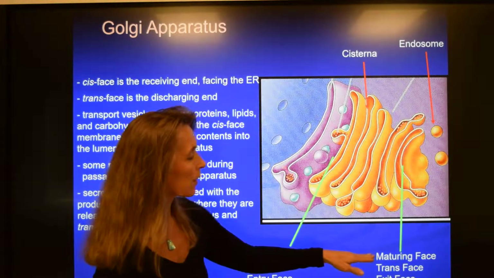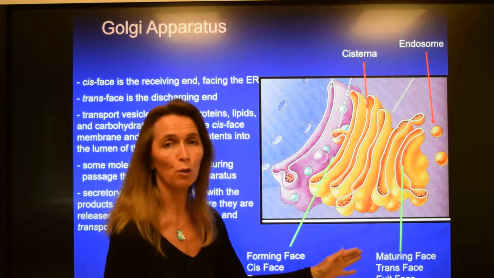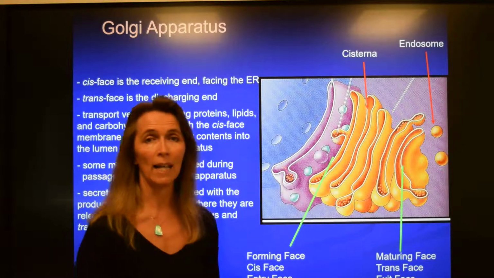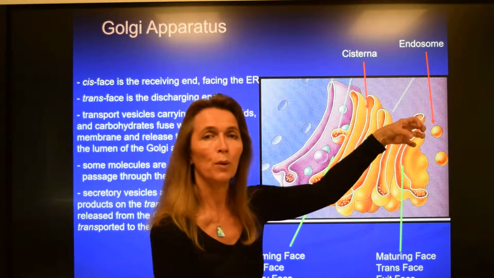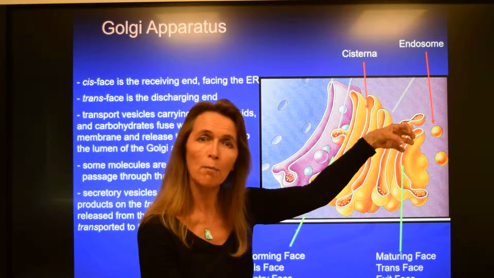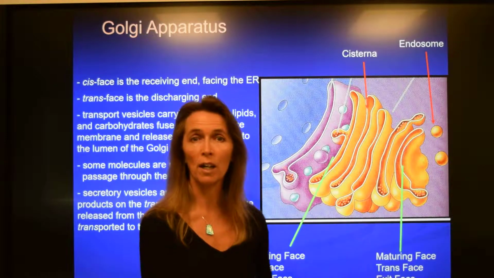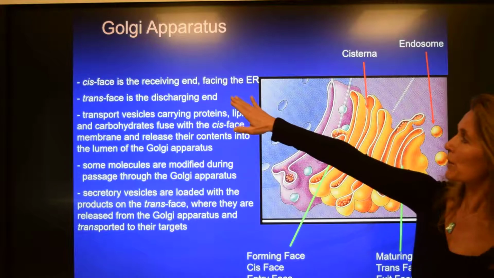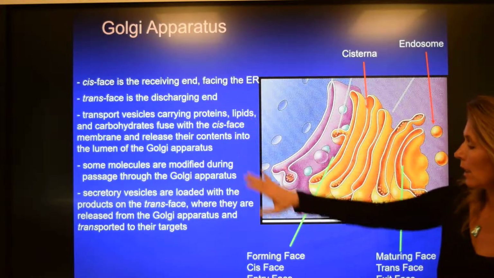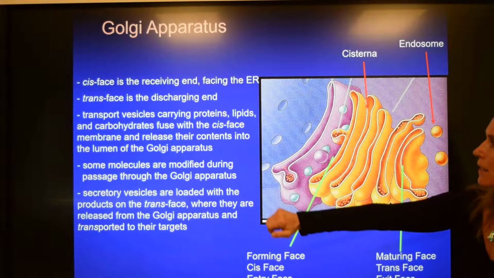And this here is either the maturing phase, or it's called the trans phase, or it's called the exit phase. And this is now where those vesicles with those properly modified molecules are budding off and are now transported to their target areas. So if we go through this, we have the receiving side, which can also be called the forming phase or the entry phase.